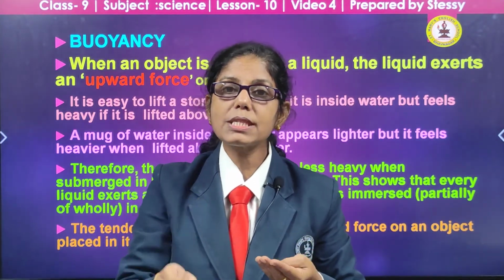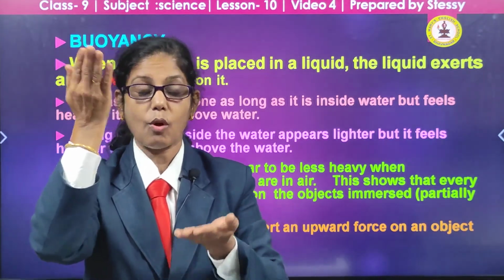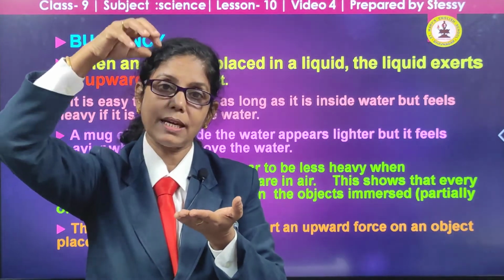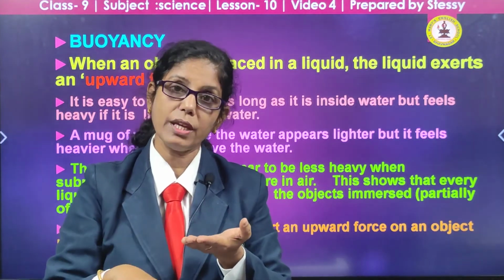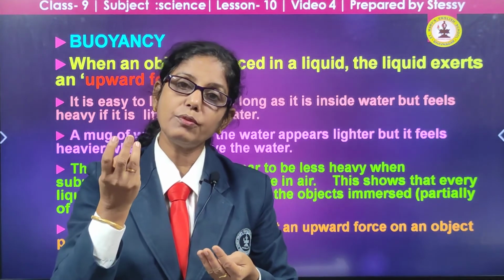So, if this upward force is more, the object comes on top. If the upward force is less and the weight is more, it goes down.